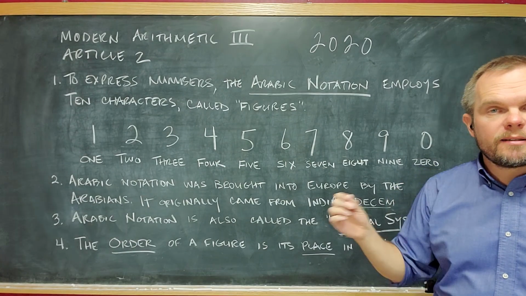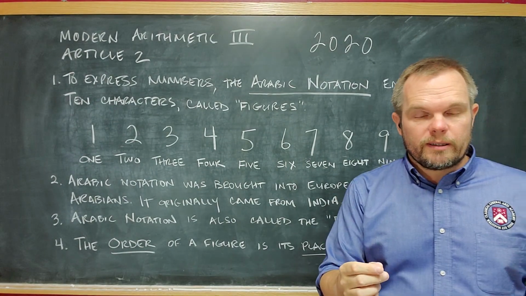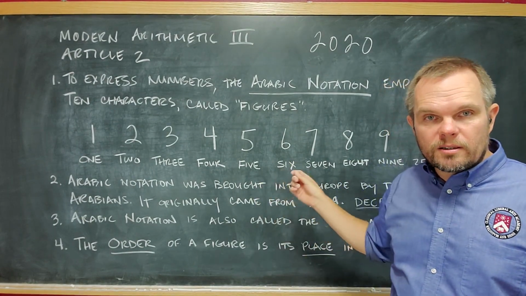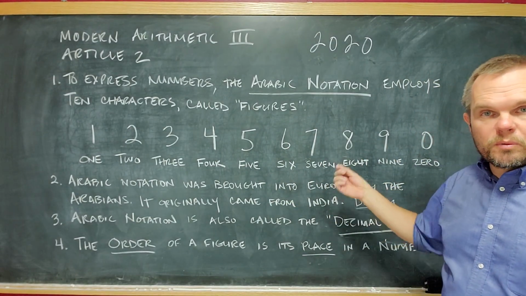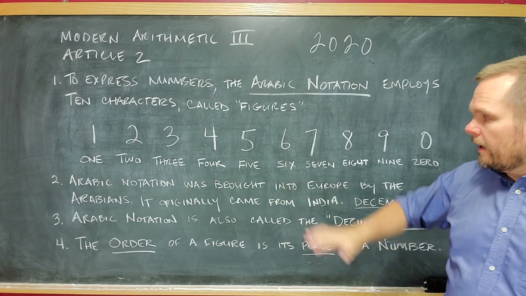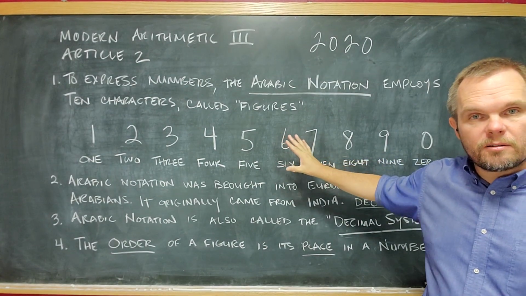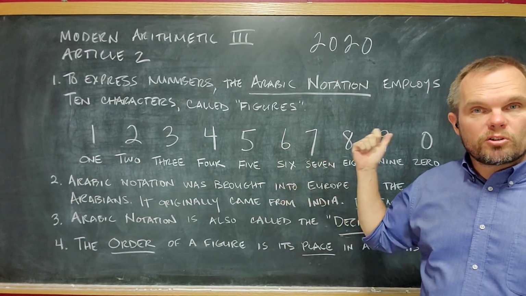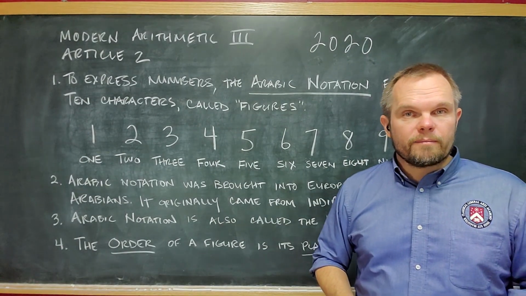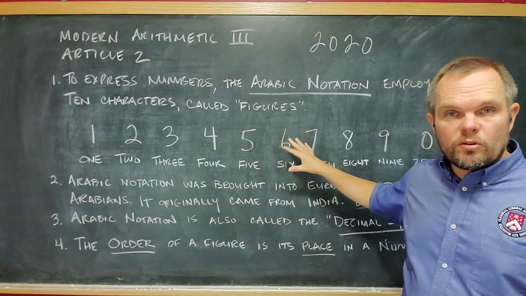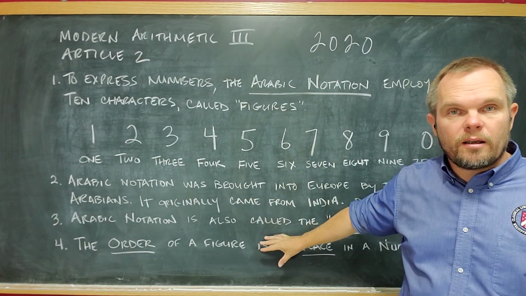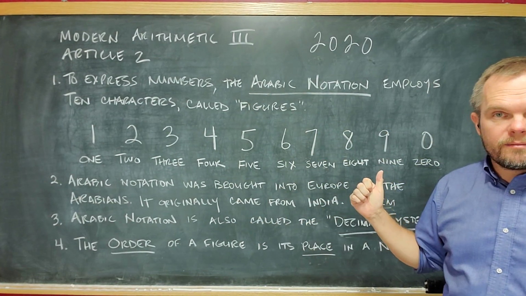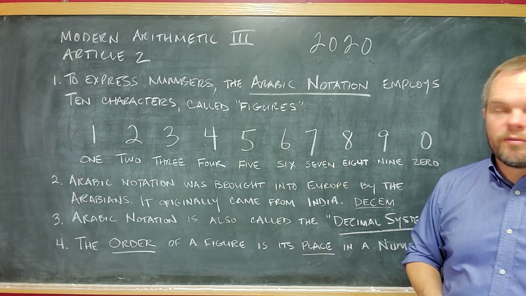I want you to study this lesson for mastery, because we're going to use this lesson to build more and more knowledge as we go on in arithmetic. And if you don't have this lesson mastered, you're going to run into trouble in a later lesson, because we're going to assume that you know everything that's in each lesson when we start the next lesson. So study this lesson carefully.